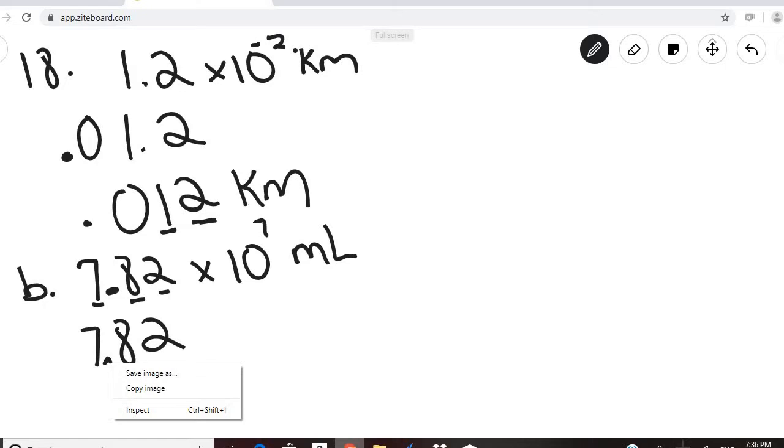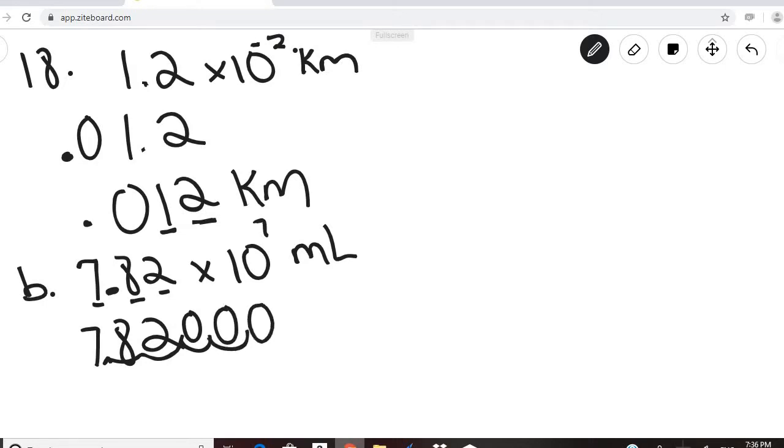We're going to move it 1, 2, 3, 4, 5, 6, 7. So the decimal place would go right there.